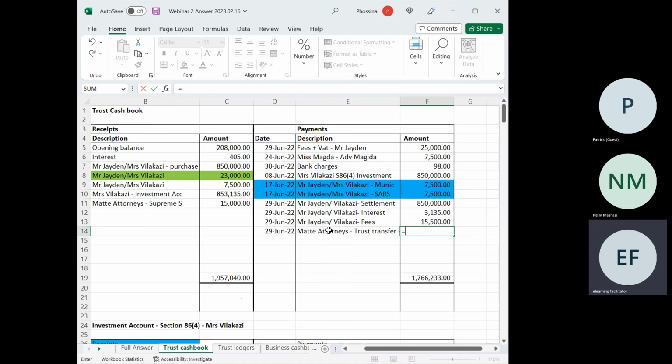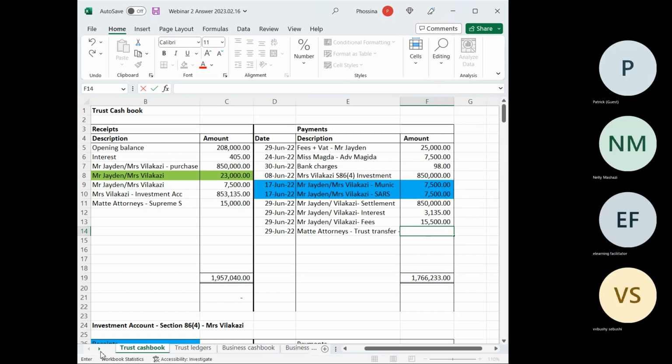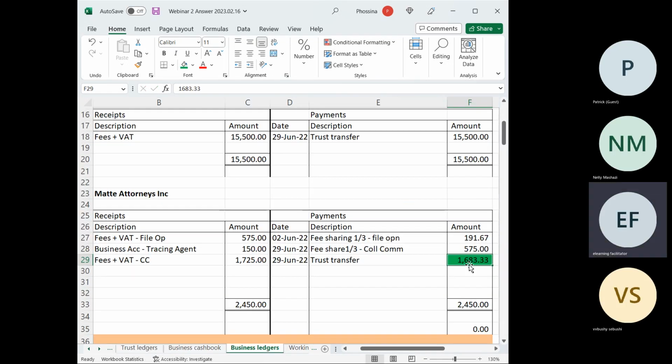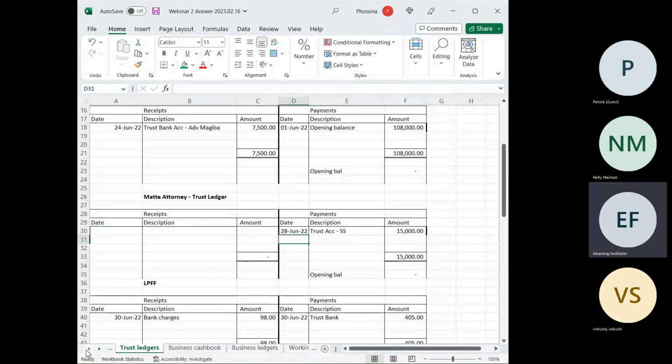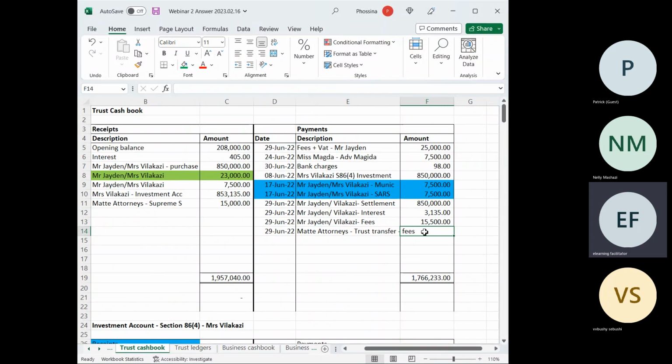We transferred the same amount. So what is the same amount that we have established from the business? So it's this one, 1,683.33. So that's what we are transferring, 1,683.33. This is what we are transferring to our business account.